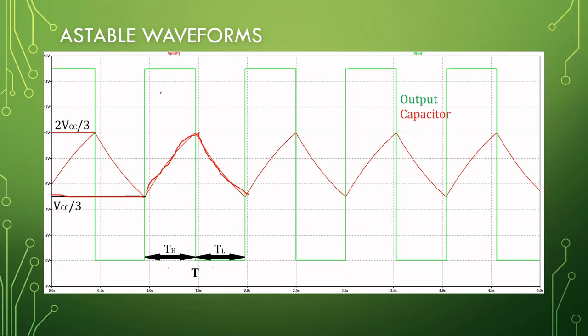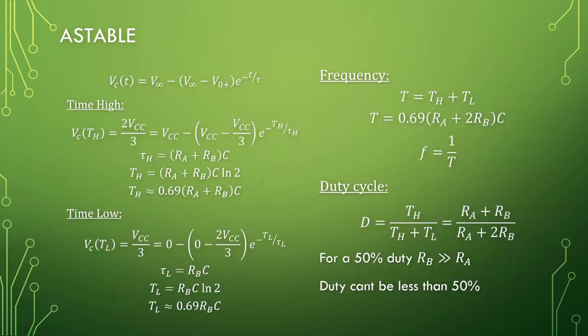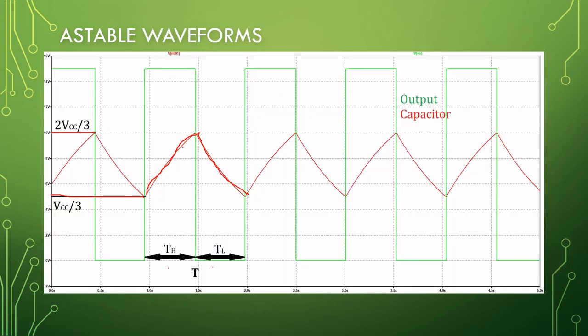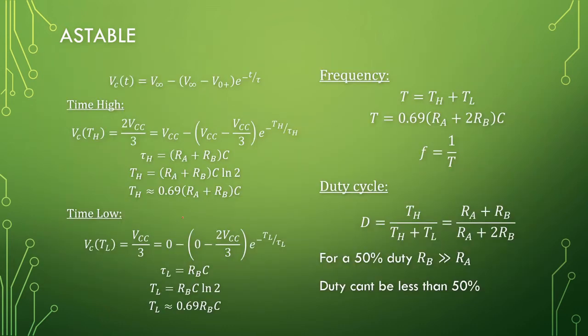So time spent high and the time spent low, and the sum is the total time. Okay, so the high time is when we trigger at 2 times VCC over 3. Okay, so up here. The low time is when we trigger down there.